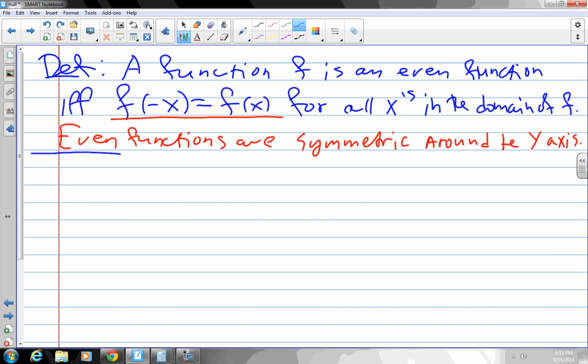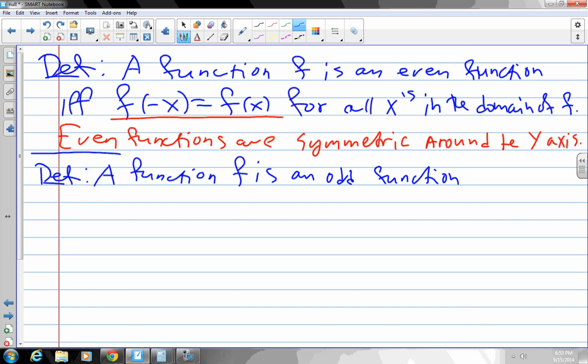Well, before that I have to give you the other definition, that will be the definition of an odd function. So a function f is an odd function if and only if f of negative x equals negative f of x for all x's in the domain of f.